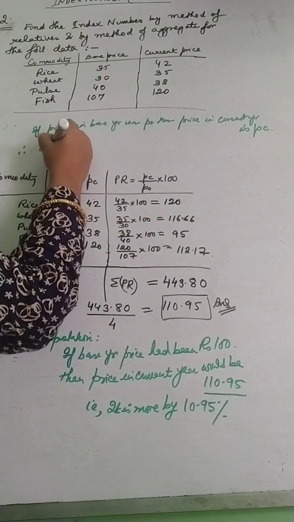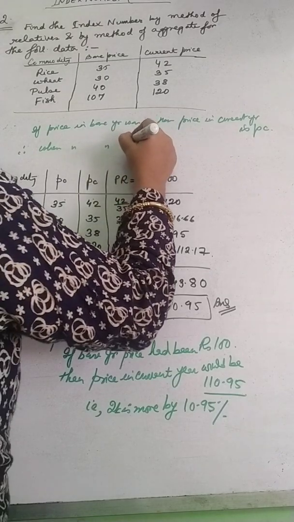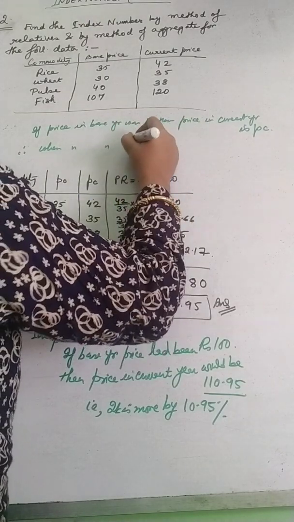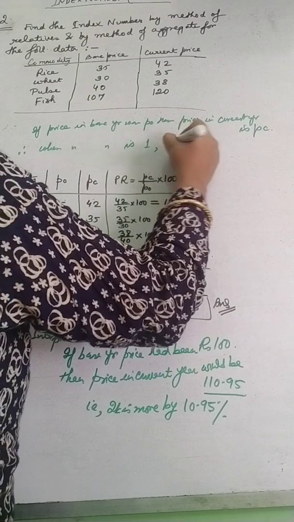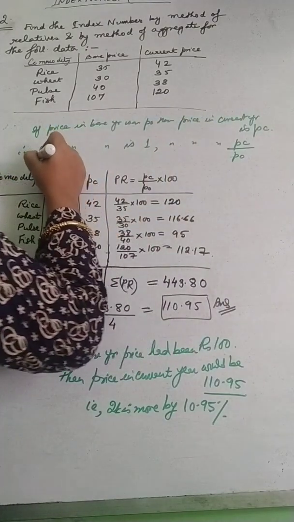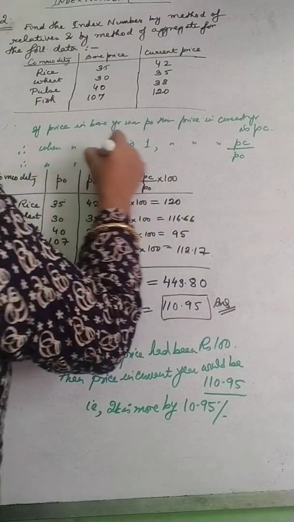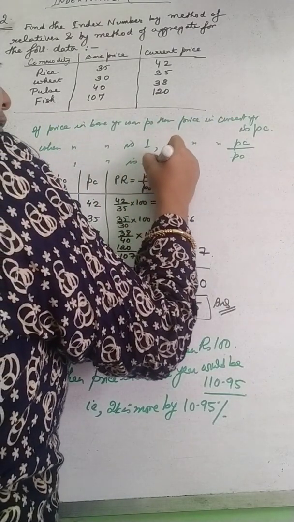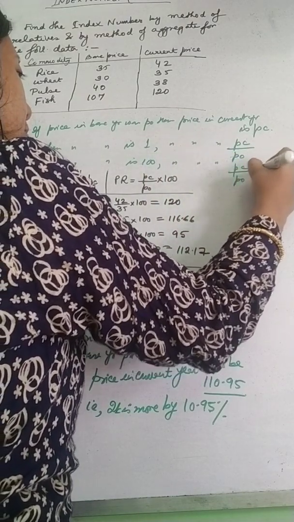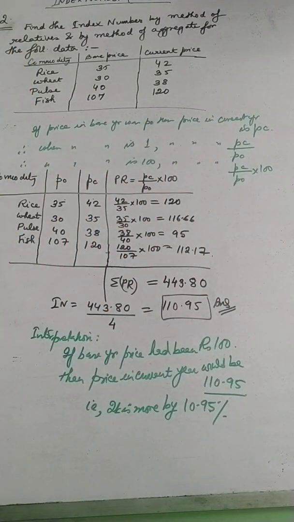Therefore, when price in base year is 100, or rather by unitary method if I apply, is 1 rupee, then price in current year is PC by P0. So when price in base year is 100, price in current year is PC by P0 into 100. So this is the basic definition of index number for a single commodity, and from there we got it for a group of commodities.